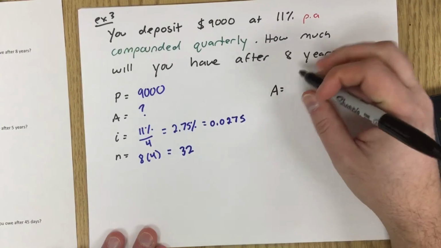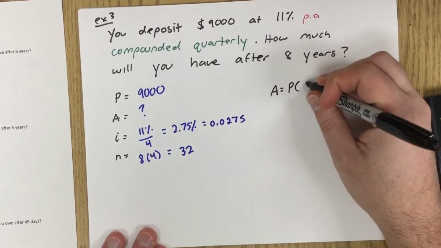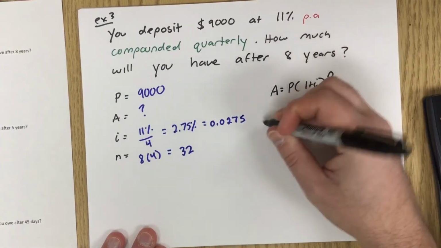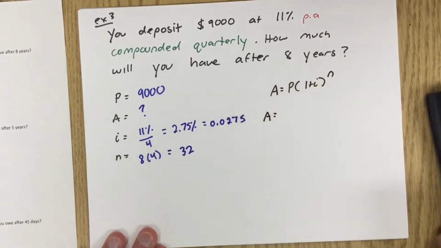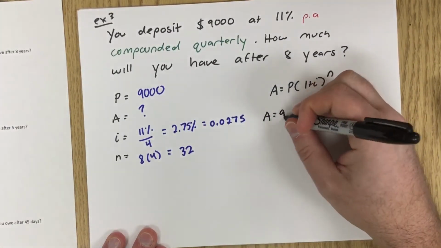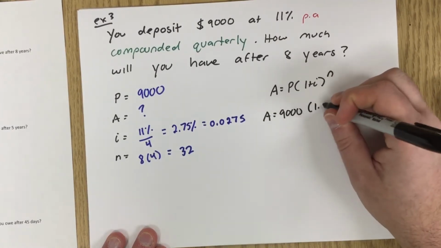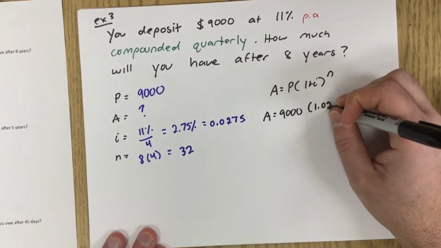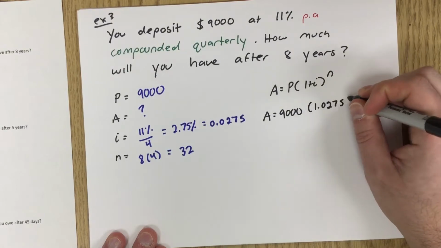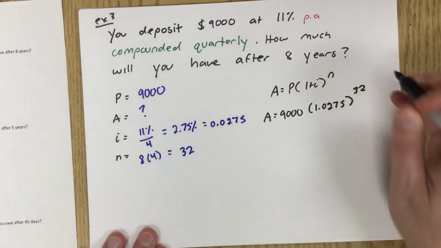So A is going to be P times 1 plus I to the N. A is going to be 9,000 times 1.0275 to the power of 32.